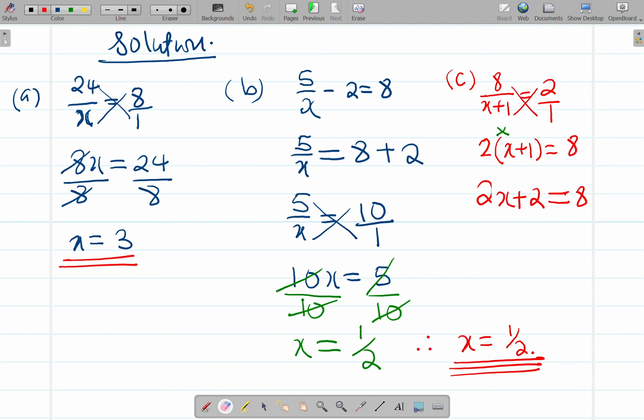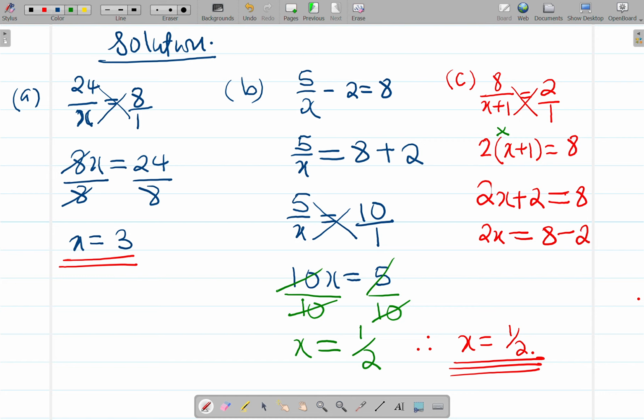Now, to remain with x here, 2x is equal to 8. This 2 will change sign when it crosses the equal sign, so it will be minus 2.